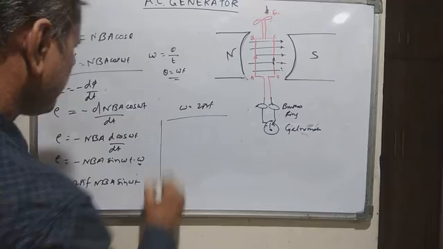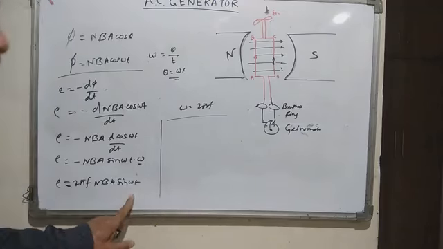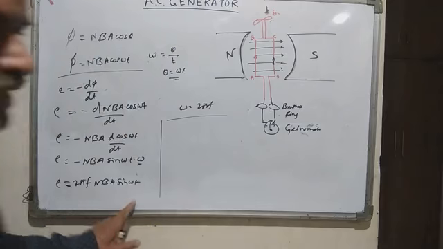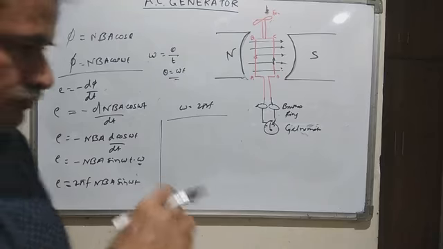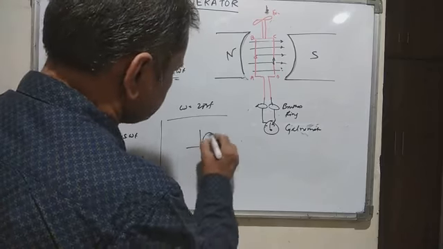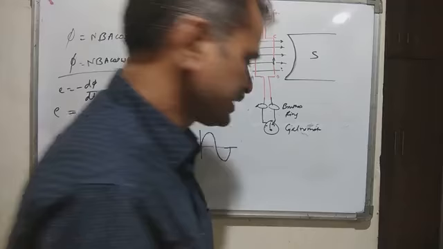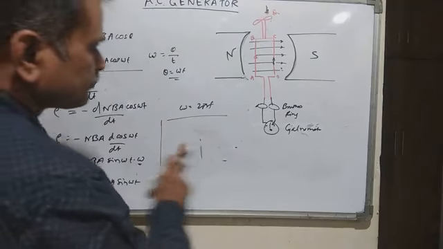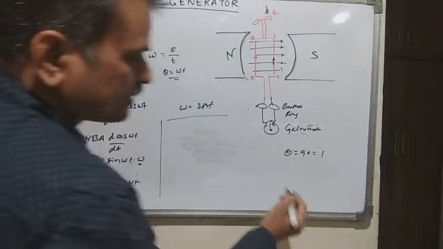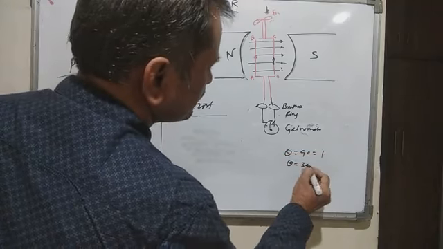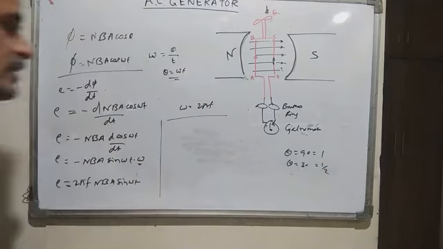Now the important factor in this equation is sin omega t. You know the value of sin omega t goes on continuously changing alternately. When theta is 90, it is 1. When theta is 30, it is half. Like this, the value goes on changing.